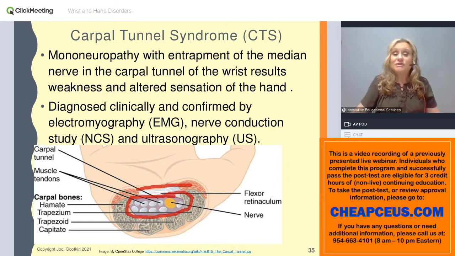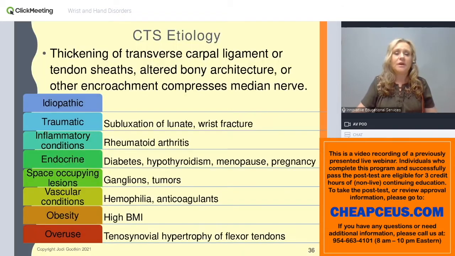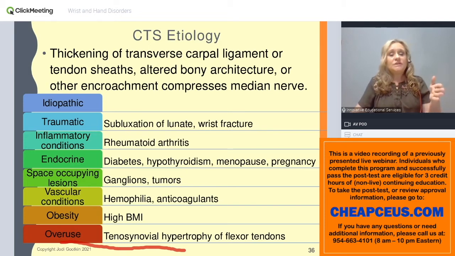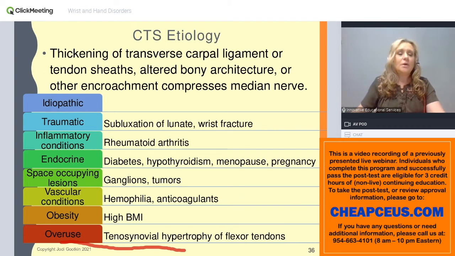It was first recognized in 1854, and today carpal tunnel syndrome is the most common compressive neuropathy that individuals are presenting with. There are many different etiologies. It is not just someone with more of an orthopedic type pathology, that overuse condition that we'll get to. Also, consider other patients as you treat them for these diagnoses and look at wrist and hand and what may be going on with them.